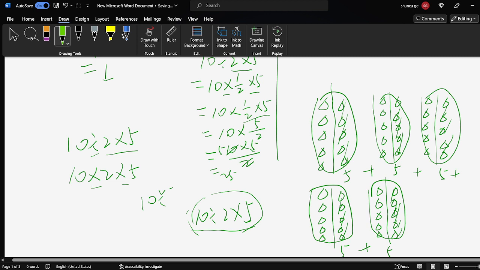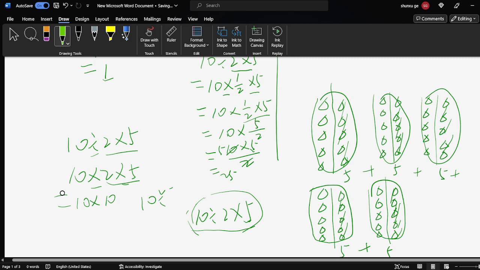So with multiplication only, no problem, you can change the order to calculate it. 10 times 2 times 5 is 10 times 10, no problem, that solution is right. That's also another rule. But if division and multiplication are mixed, you should calculate from left to right.